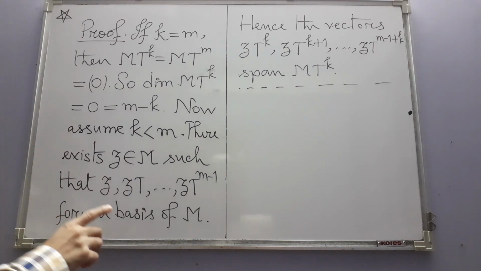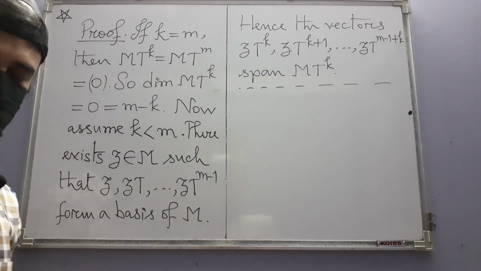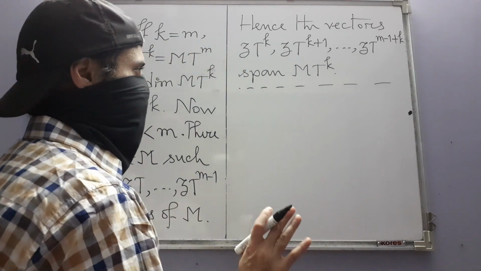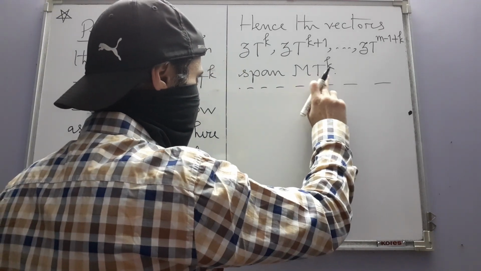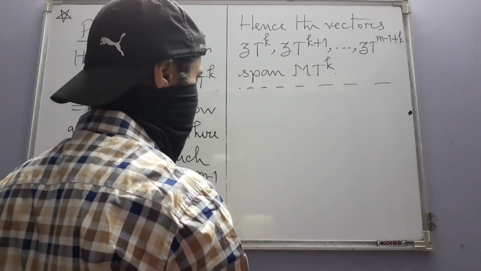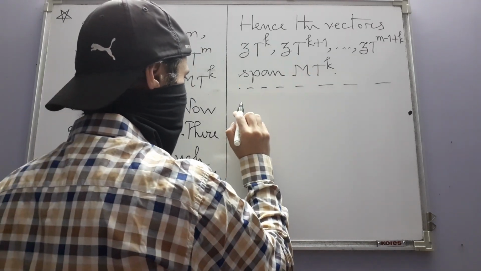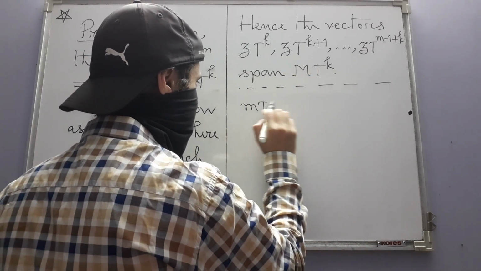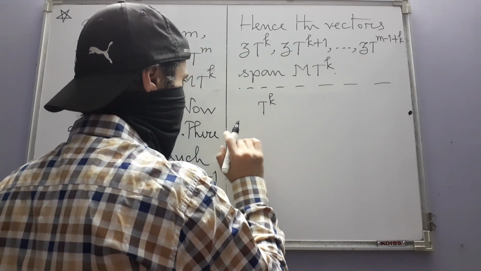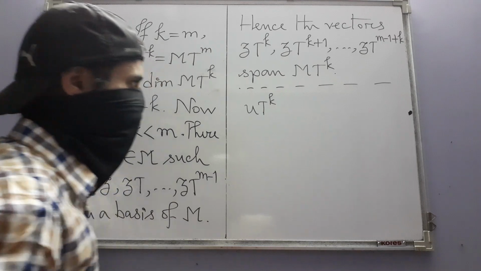I should start by taking any vector here in M T to the power k. How will that vector look? It will look like u T to the power k. I should not write small m because that's already the dimension, so let's just write u.